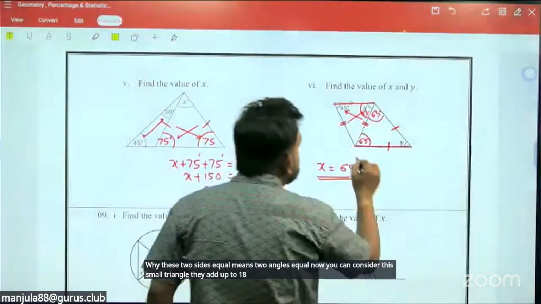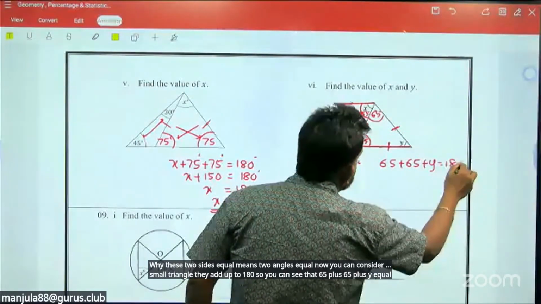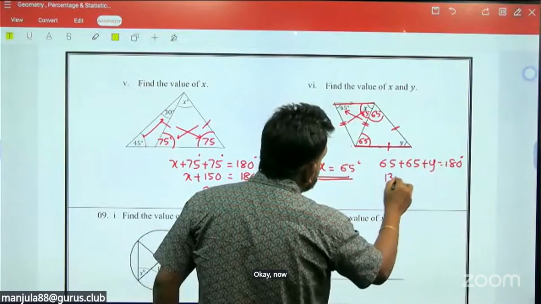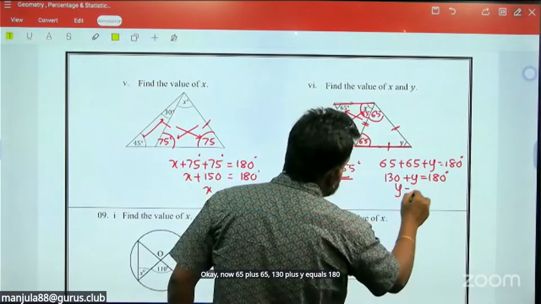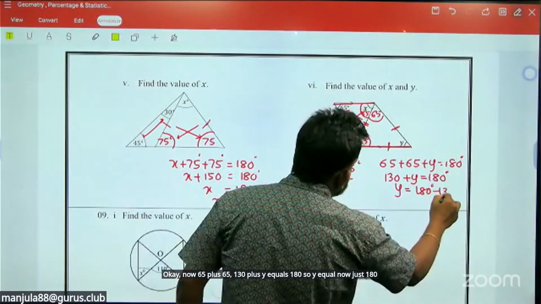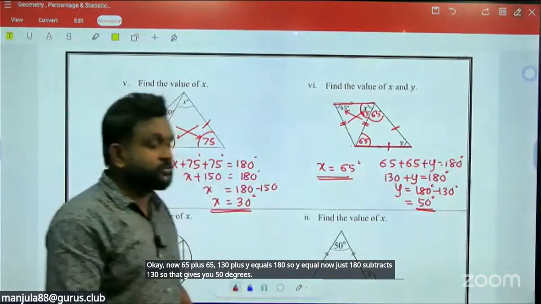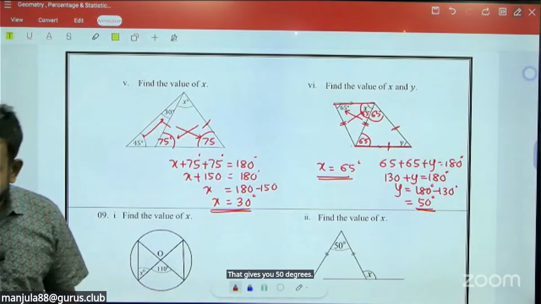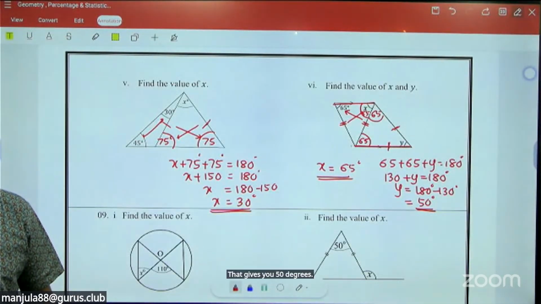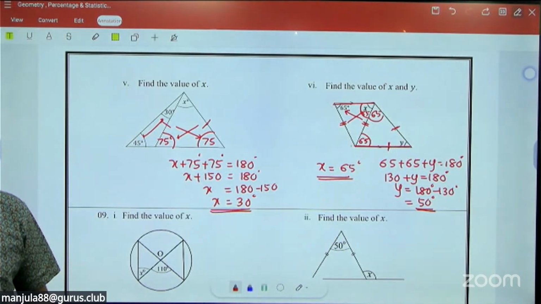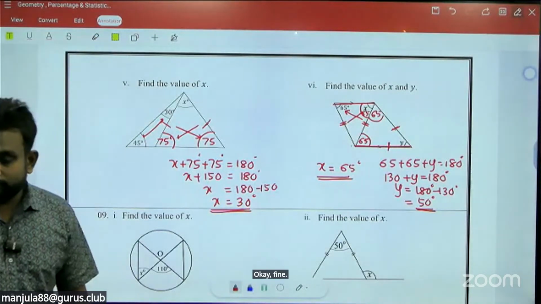So 65 plus 65, 130, plus y equals 180. So y equals 180 subtract 130. That gives you 50 degrees.